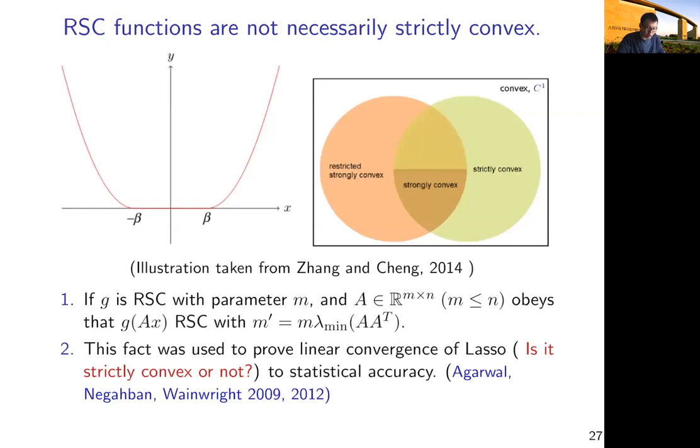It has been shown that in high-dimensional linear regression, when the design matrices are generated and satisfy some relatively weak regularity condition, then you can prove that those functions are restrictedly strongly convex, satisfying RSC.